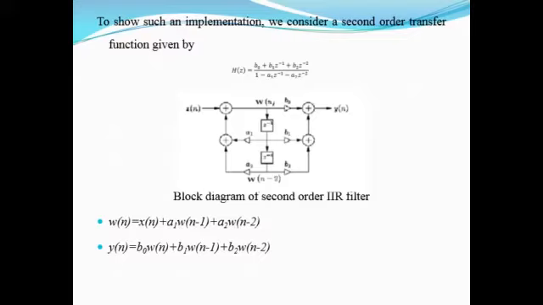Then y of n represents the output of this IIR filter: b0, again a coefficient of the filter, into w of n, plus b1 into w of n minus 1, plus b2 into w of n minus 2. These two equations represent the second order IIR filter equations.